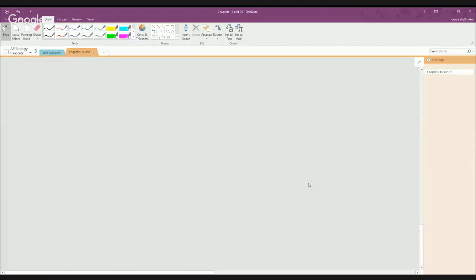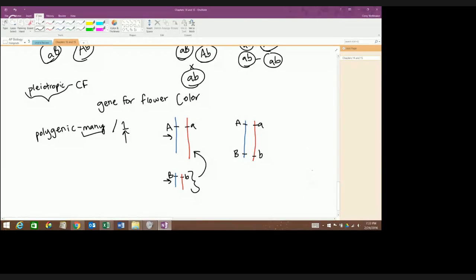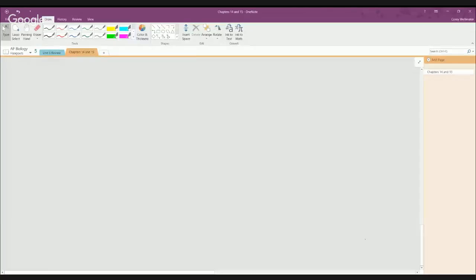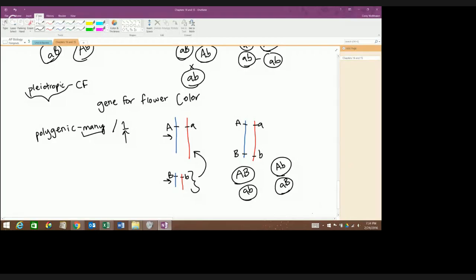And if a crossover event between two genes is virtually guaranteed because of how far apart they are from each other, then isn't that the same thing as saying that about 50% of the gametes produced are going to look like this, and about 50% of the gametes produced are going to look like this because of how frequently crossing over happens? And so if crossing over happens so frequently that you end up with an equal proportion of gametes, that's the same scenario you get when the genes are on different chromosomes.